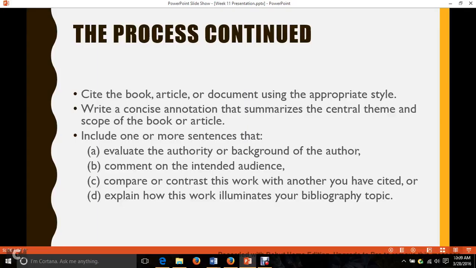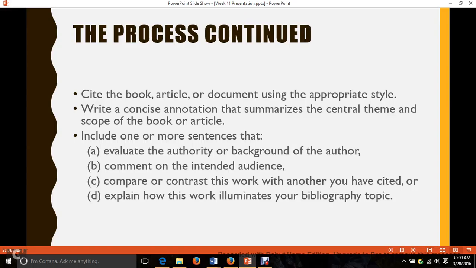You could compare and contrast this work with another that you have cited, or you could explain how this particular source illuminates your topic. So you're going to try to analyze whether or not this source is going to work well for your upcoming paper and how it's going to do so. In this paragraph, you also might discuss if it's covering a misconception or the opposition of your point of view.